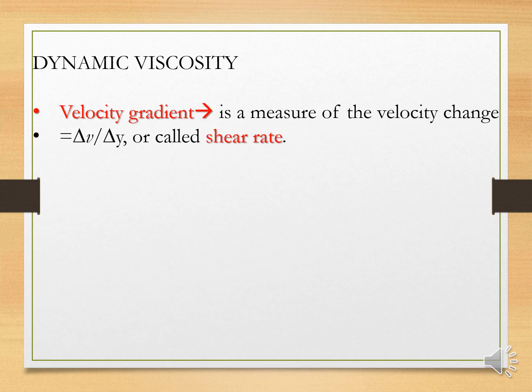So what is the dynamic viscosity? Before we can determine it, we have to first understand the concept of shear rate, which relates to the force on the surface of the liquid and can be determined using the velocity gradient.